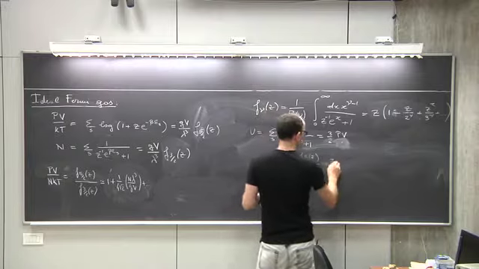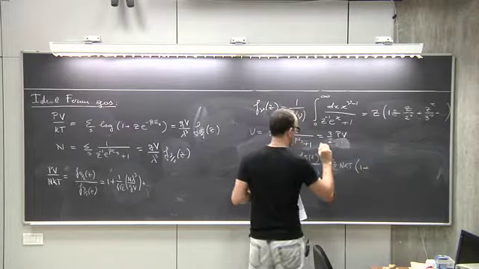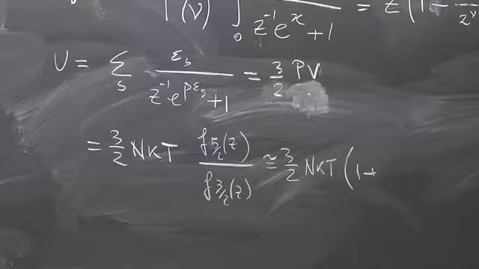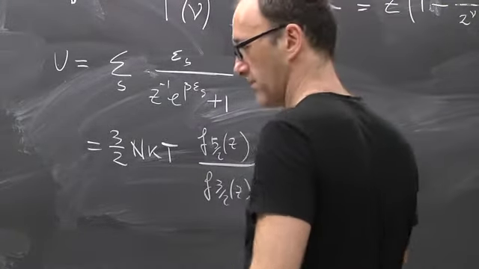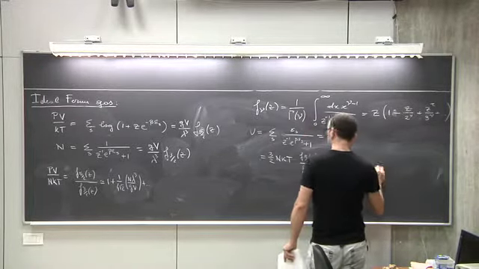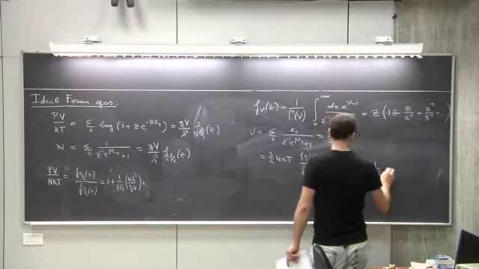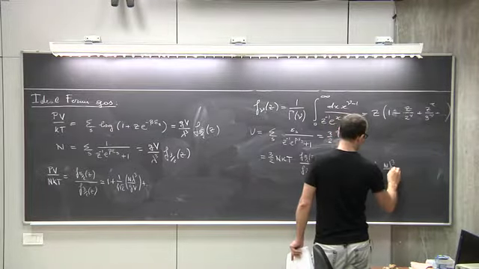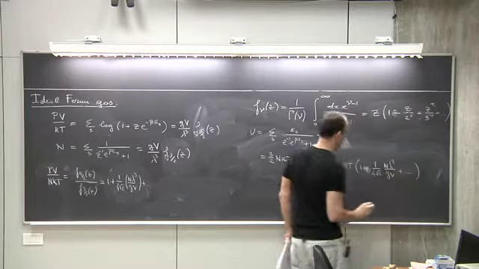So it is equal to 3/2 N KT for high temperature and low density. It is equal to 3/2 N KT times 1 plus 1/4 square root 2 N lambda 3 times GB. Okay.